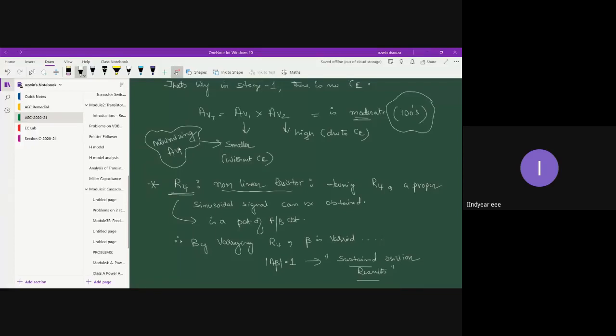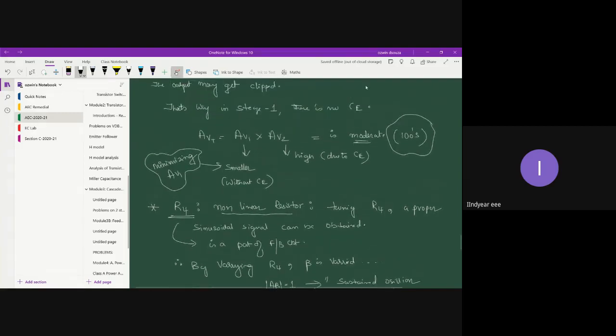So probably your stage 1 should give you less than unity gain. Basically, your stage 1 should behave like an attenuator rather than an amplifier. So that's how it is done.